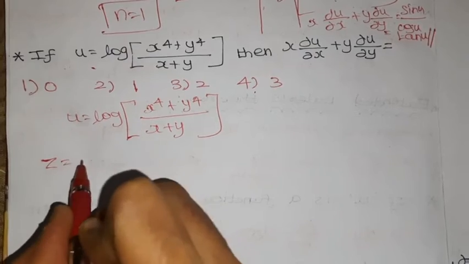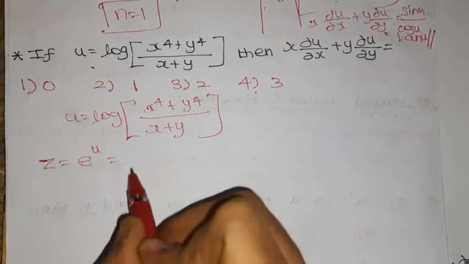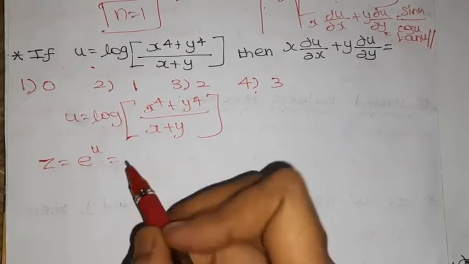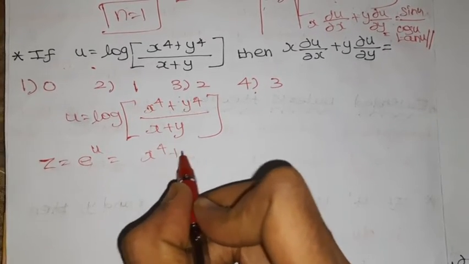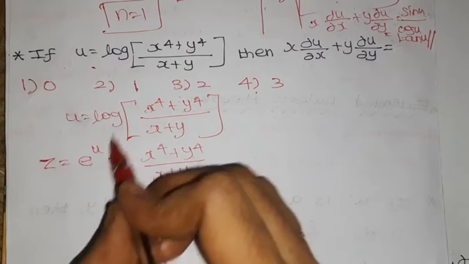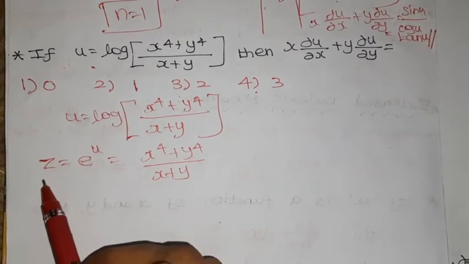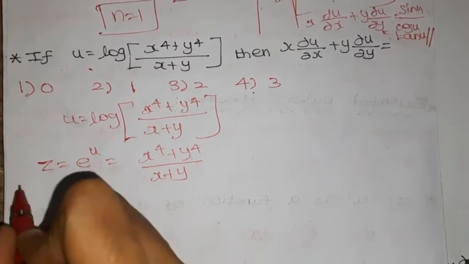We can write z equal to e power u, equal to e power log, exponential and logarithm get cancelled, so we get x power 4 plus y power 4 by x plus y, or this logarithm will go to that side as e power u. So this e power u, let it be z.